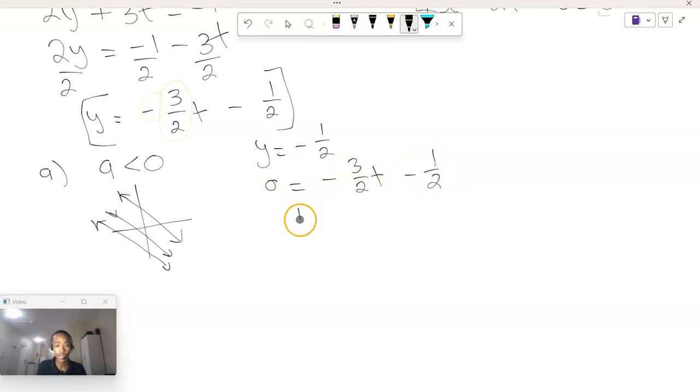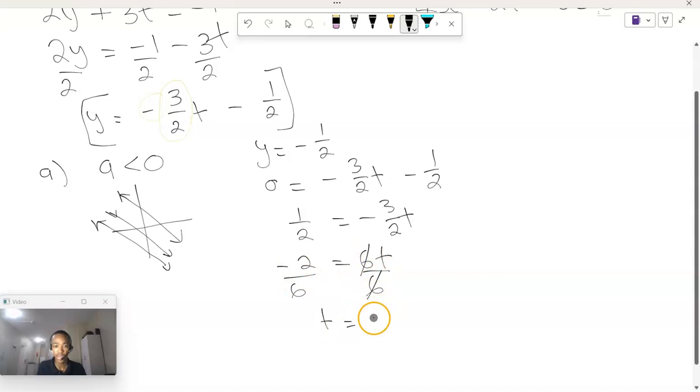Therefore, transpose a half to be a positive on that side. Negative 3 over 2, and then I'm going to cross multiply. Therefore, I have negative 2 equal to 6t, divided by 6, and hence t will be negative a third.